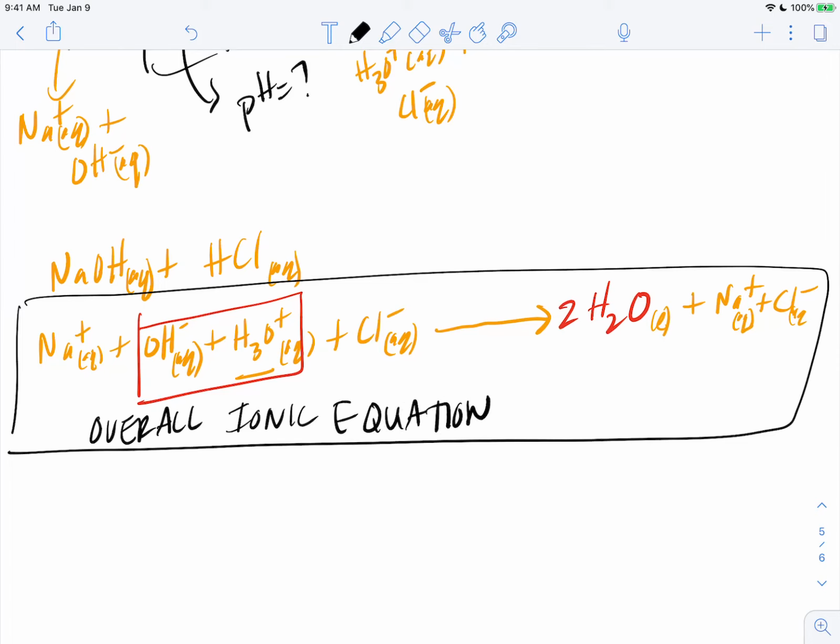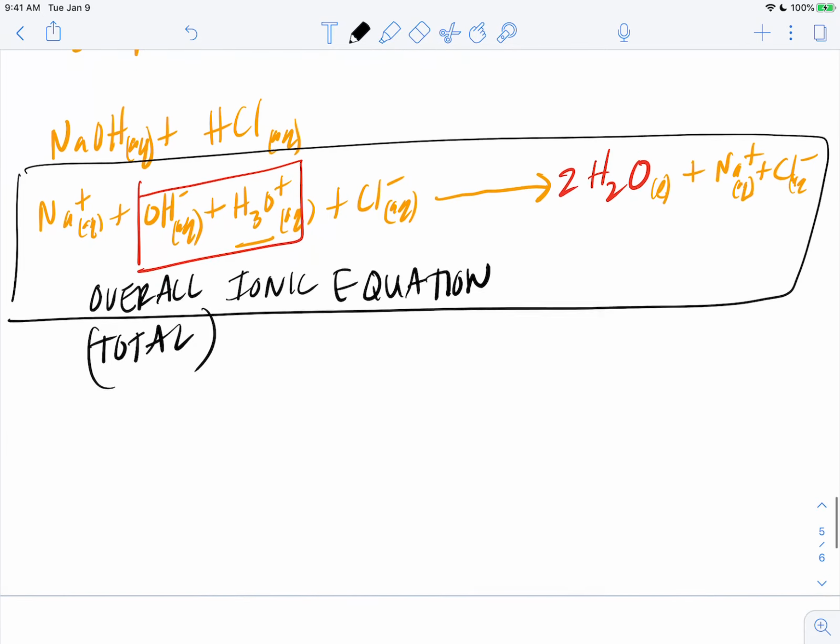Sometimes we call this the net ionic equation. Not net ionic, sorry, not net. Definitely not net. The total ionic equation includes all. So total ionic because it includes all of the ions in the solution.